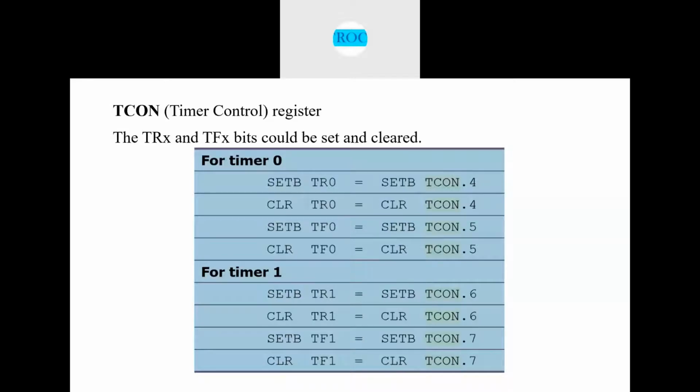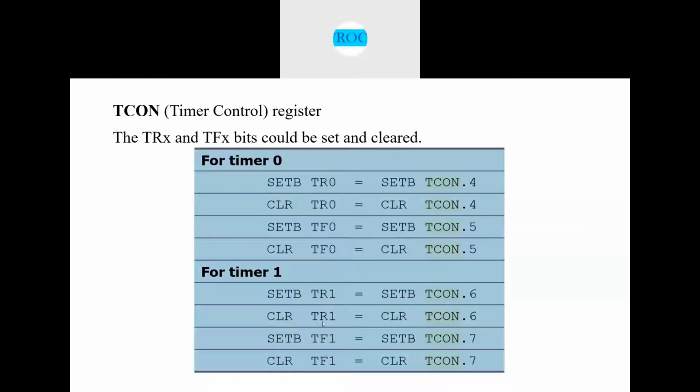And also we have SETB TF0. What do you mean by SETB TF0? You are setting the overflow flag for timer 0. Similarly, you can clear that flag. For timer 1 it is similar: SETB TR1 and CLR TR1. When I say SETB TR1, understand that you are starting timer 1.